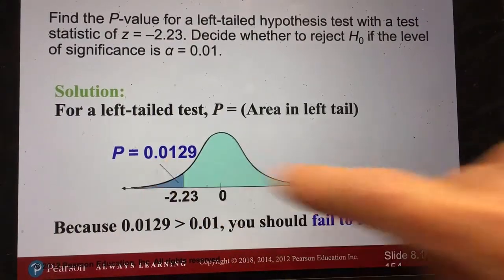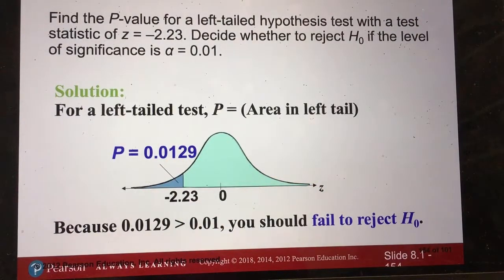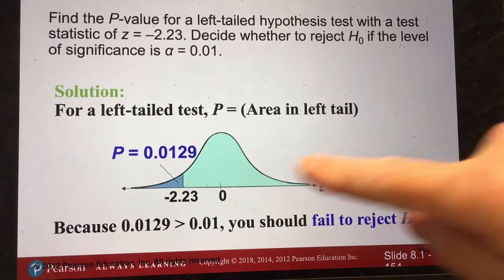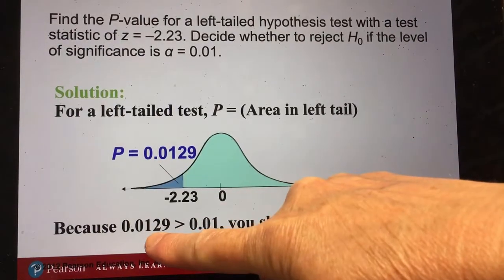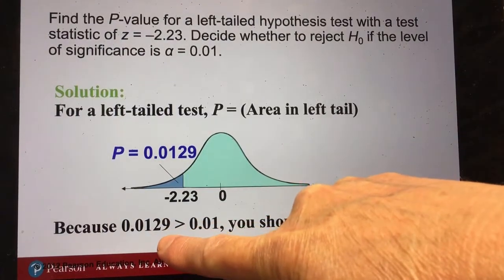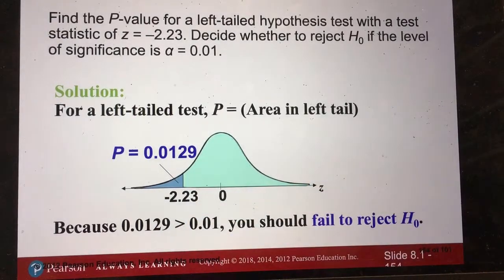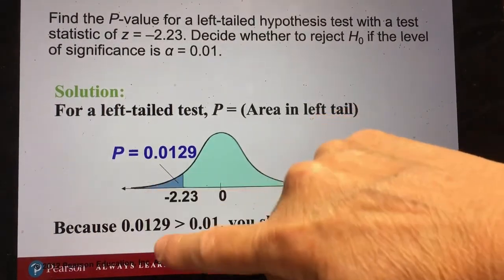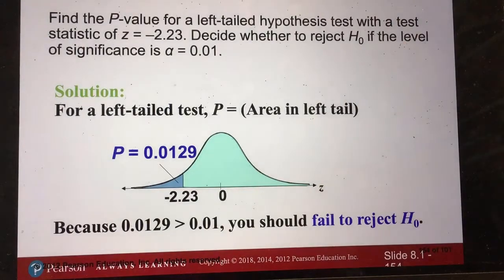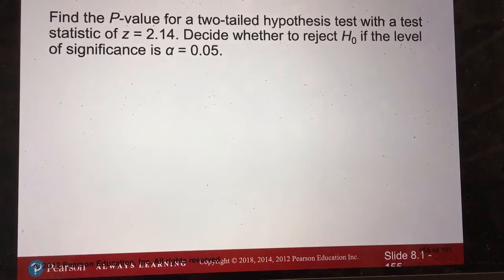So that is the value that's to the left of that. So now we're going to compare that. Is it greater than or less than the 0.01 they tell us to compare it to? And it is greater than, so we will fail to reject. It's only when the p-value is less than our level of significance there that we reject.